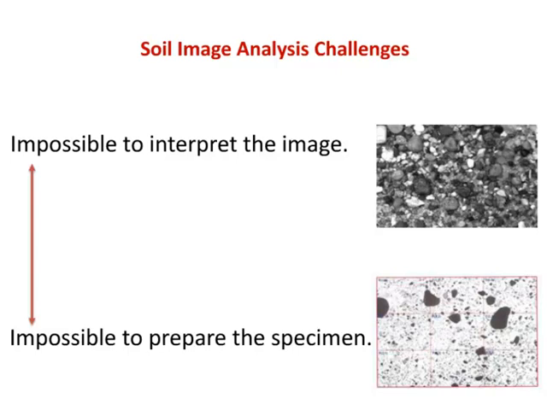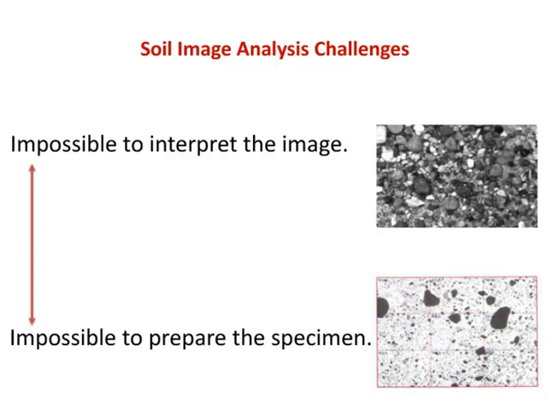At the other extreme, if we were to take that soil and spread it out on, say, a glass backlit plate, the problem there is we have to separate all the particles in order to have a simple image analysis program analyze these for their dimensions and their shapes.